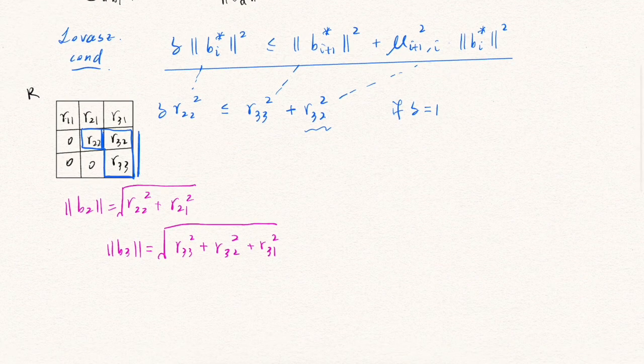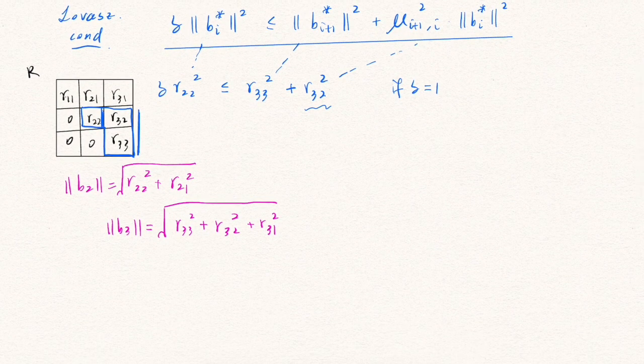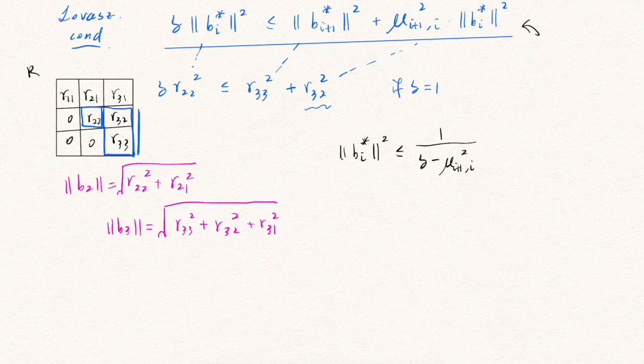Now, if we manipulate this a little bit better, because just looking at this formula, it's not very intelligible what this is really doing. I gave the intuition by giving you this dimension 3 example, but if we were to rearrange the terms a little bit, we can see that what this is saying is the Bi Gram-Schmidt vector length has to be smaller than some factor times the next.